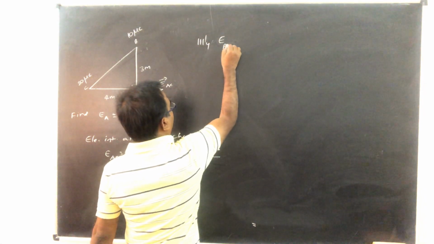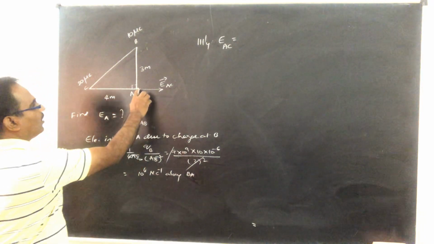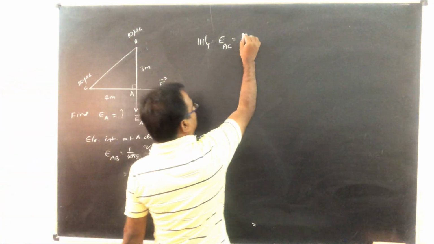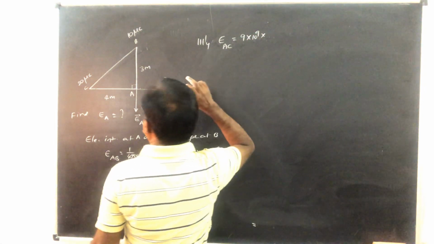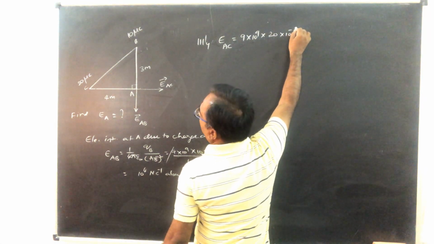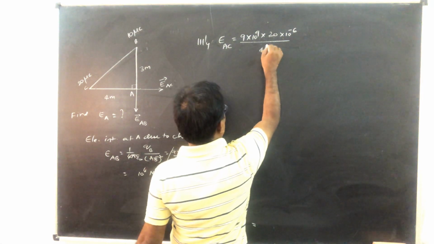Similarly, EAC, electric field at A due to the charge at C. So 9 into 10 to the power of 9, and this is 20 into 10 to the power of minus 6 divided by 4 square.